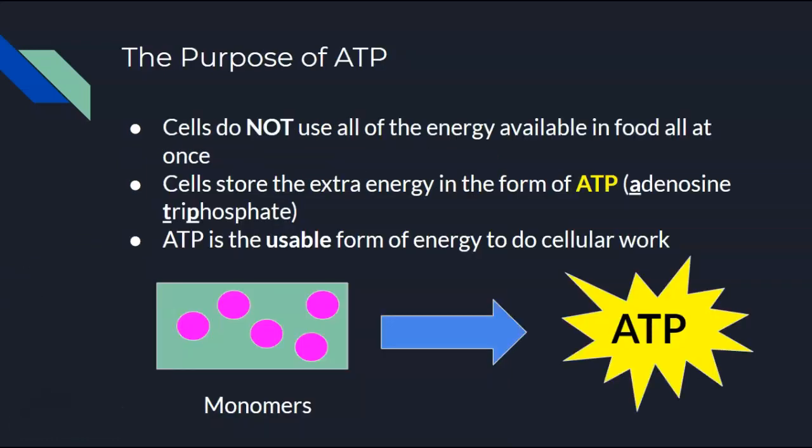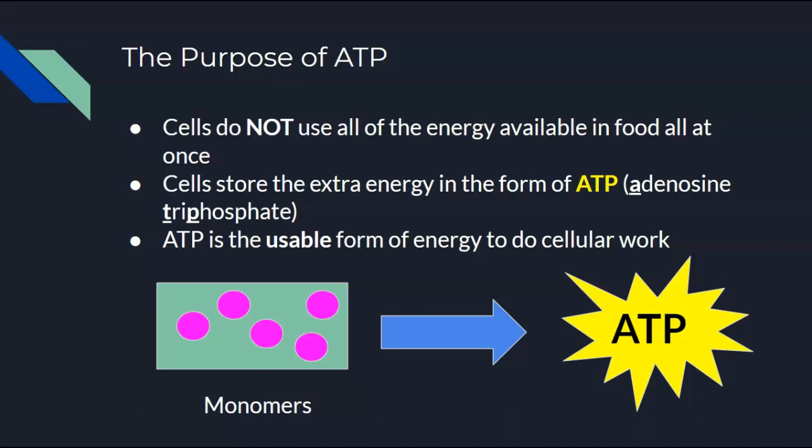So the purpose of ATP is that it's sort of like the extra energy that you get, right? If I ate like a huge cheeseburger, I'm not going to use all of that energy that I am going to gain from that food at once, right? If I eat a huge cheeseburger, I'm not going to go run like a marathon right now, but I might want to use that energy I could get from that cheeseburger like 4 hours from now.